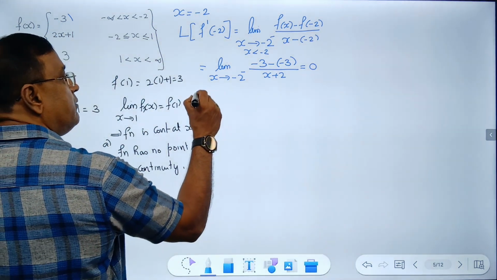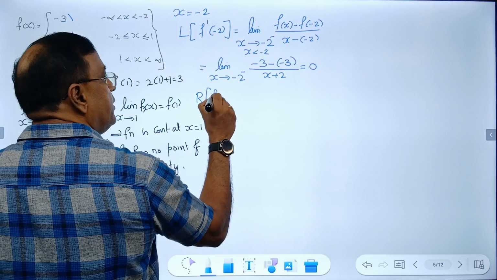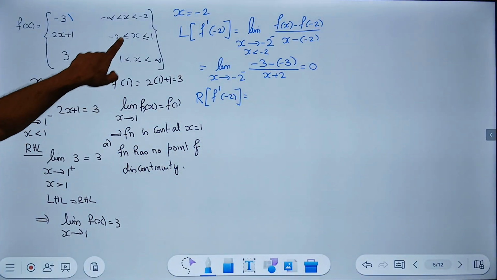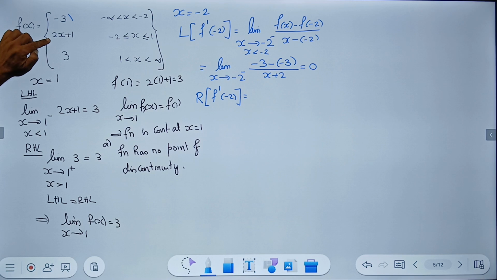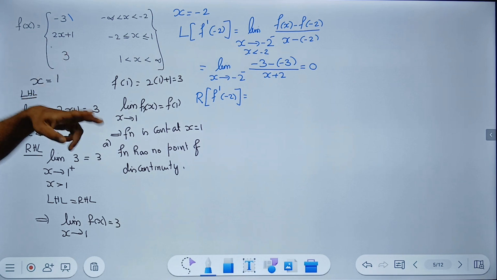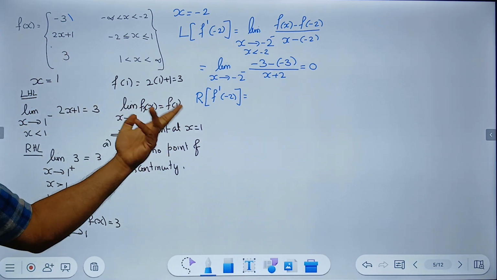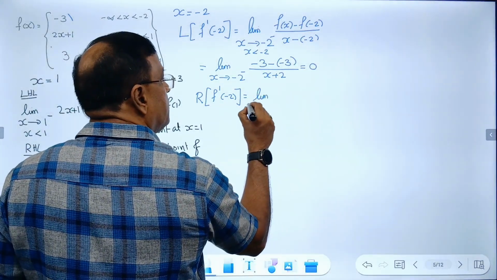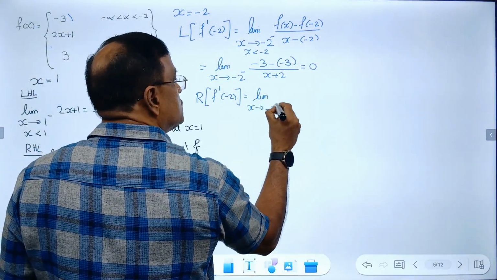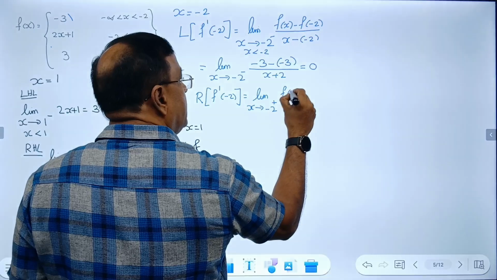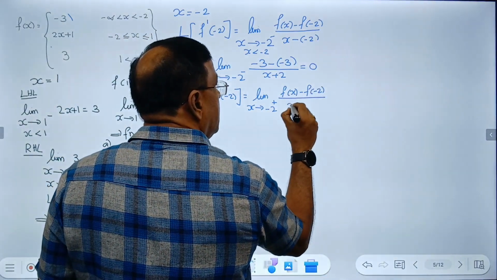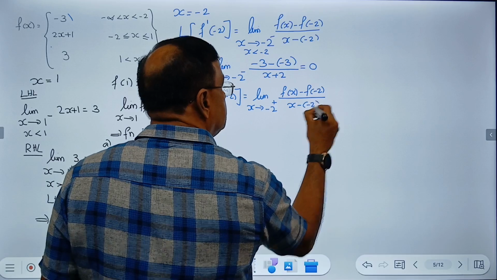Now, what is right hand derivative? Right hand derivative of -2. Now, let us estimate the answer. Right hand derivative will be differentiation of 2x plus 1. So, differentiation of 2x plus 1 is 2. So, the answer should be 2. We'll find out. So, this is limit x approaches -2 plus, f of x minus f of -2 divided by x minus of -2.